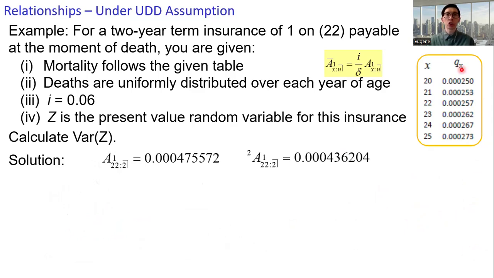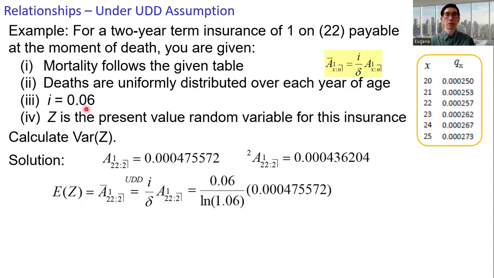And then from the relationship under UDD, the expected value of Z equals i over delta times the 2-year term insurance for the discrete case. i is 0.06. We can get delta, the natural log of 1.06, and then times the 2-year term insurance, the discrete case, and we get the expected value of Z.